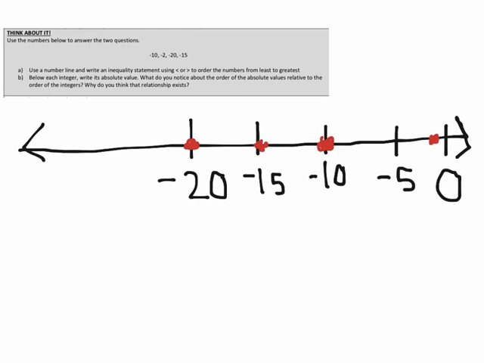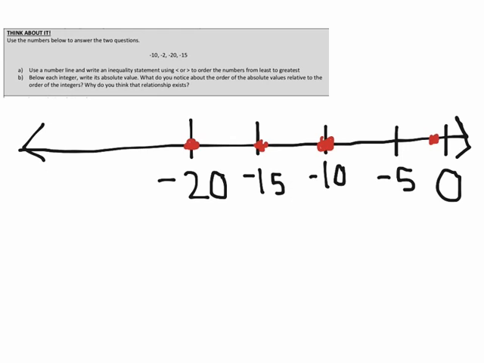Okay, so I've plotted my points, and then question A says, use a number line and write an inequality statement using the greater than or the less than symbol to order the numbers from least to greatest. Below each integer, write its absolute value. Okay, so let's try to order these.